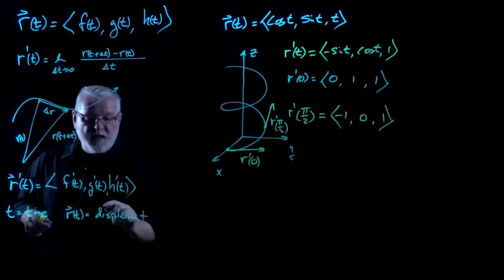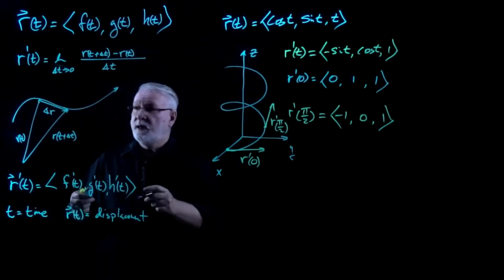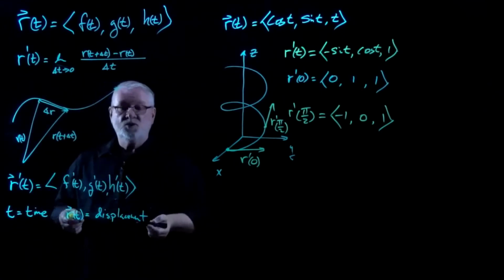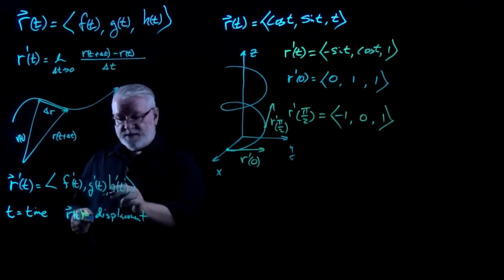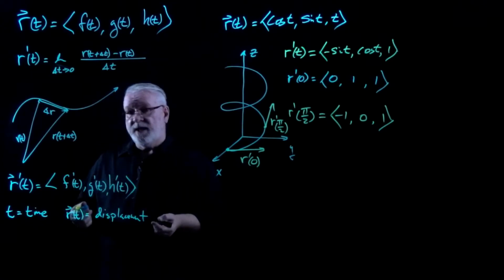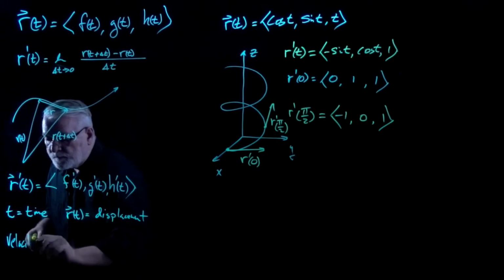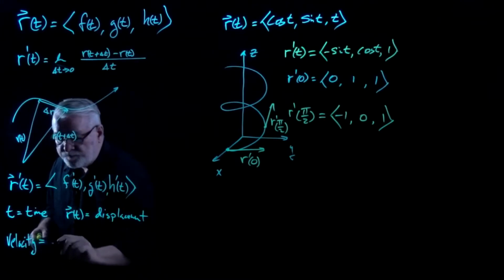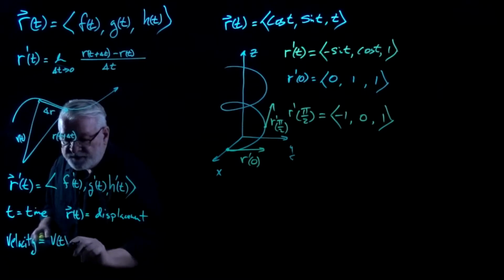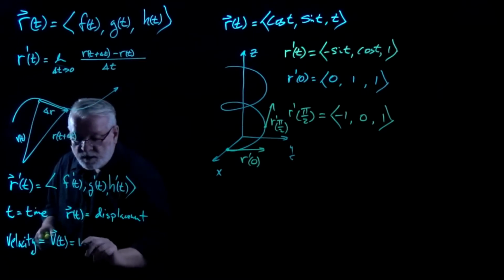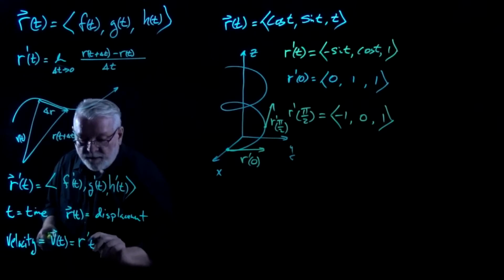That is, it's an indication of where the object is and where it's going, basically its trajectory. If that's the case, then the first derivative of displacement would give me velocity. Velocity would be v of t, a new vector, and it's equal to r prime of t.